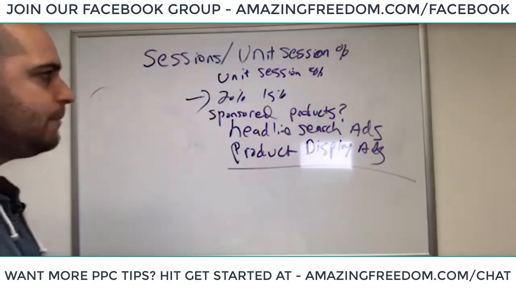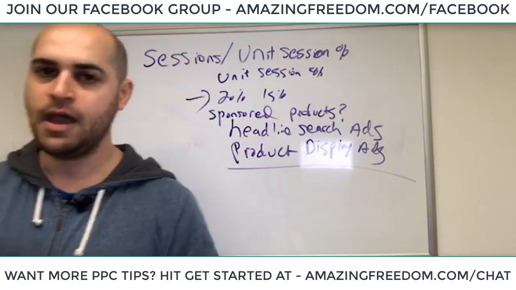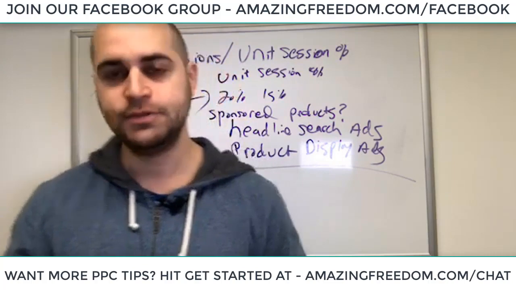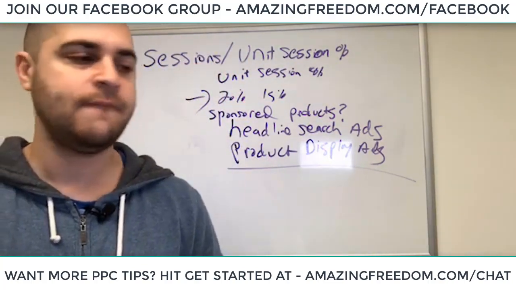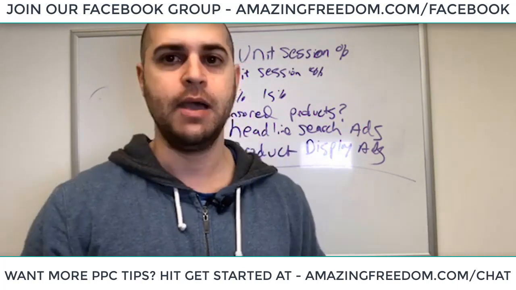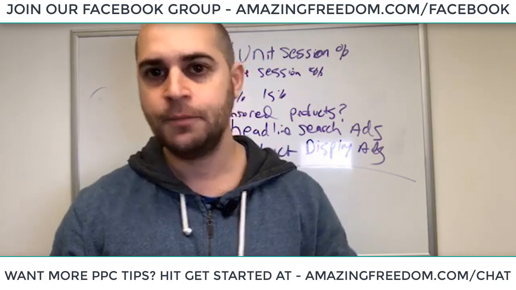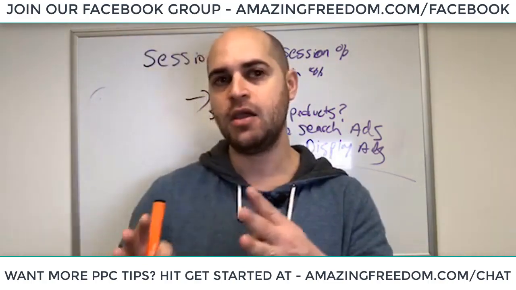So what I hope you get out of this is that you go into your business reports, you schedule some time on your calendar this week, go to your business reports, you can download the reports into an Excel spreadsheet. You can do some sorting right on Seller Central, and you start to really track your conversions over time.